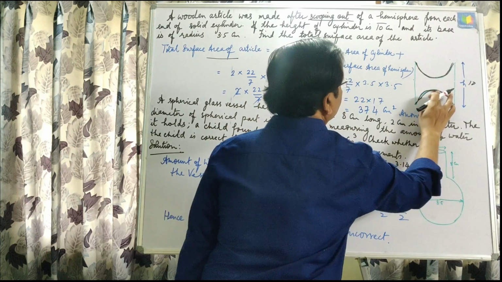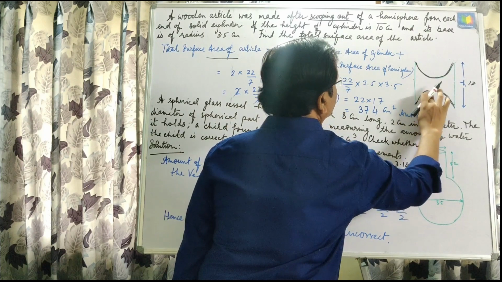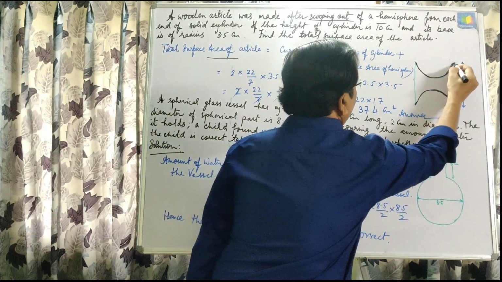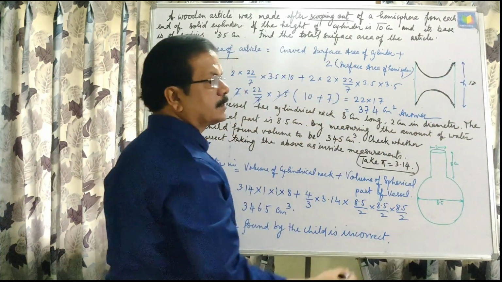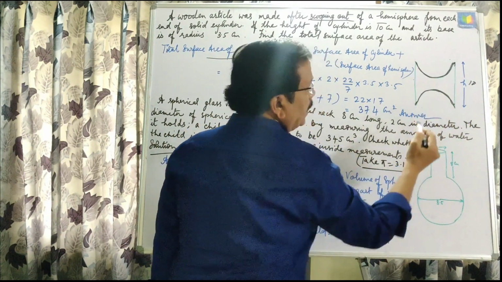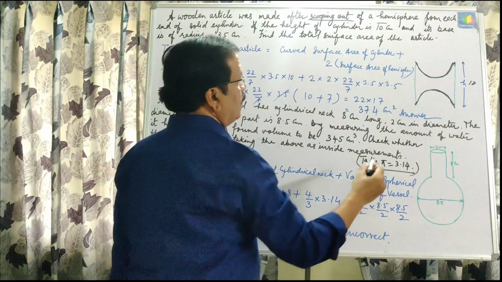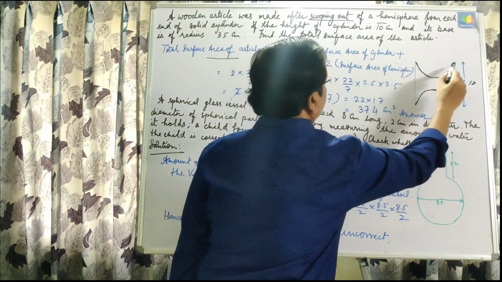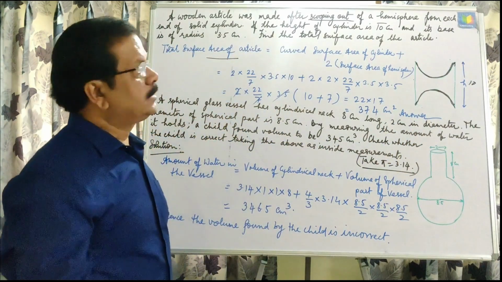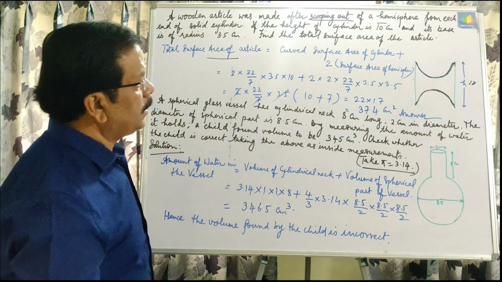Now this is changing, and now this is being like this. It is clear that this portion will be 2 pi r square, half of the hemisphere, and this is also 2 pi r square, and this is 2 pi r h. This type of wooden article.